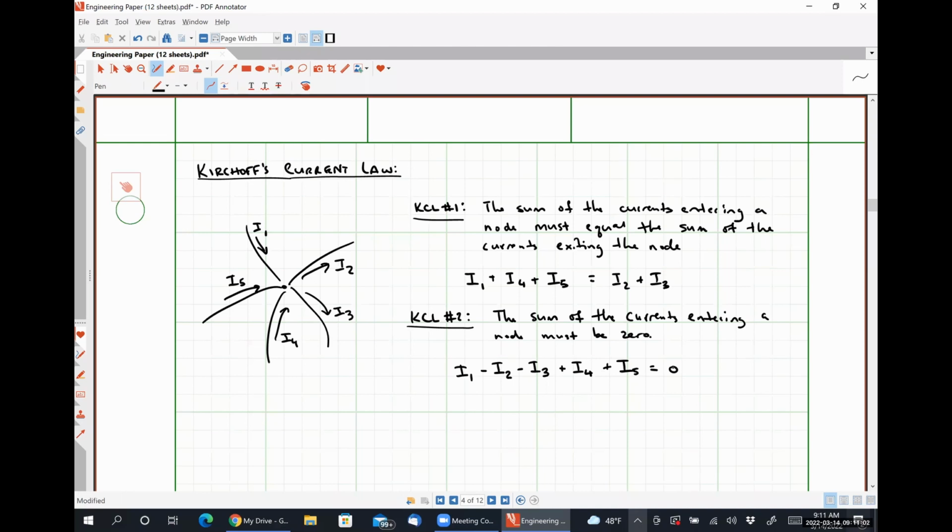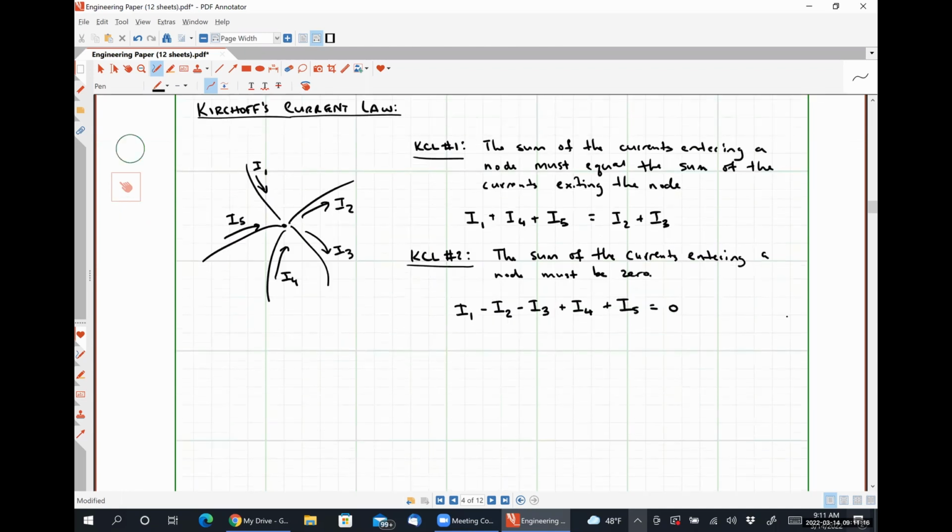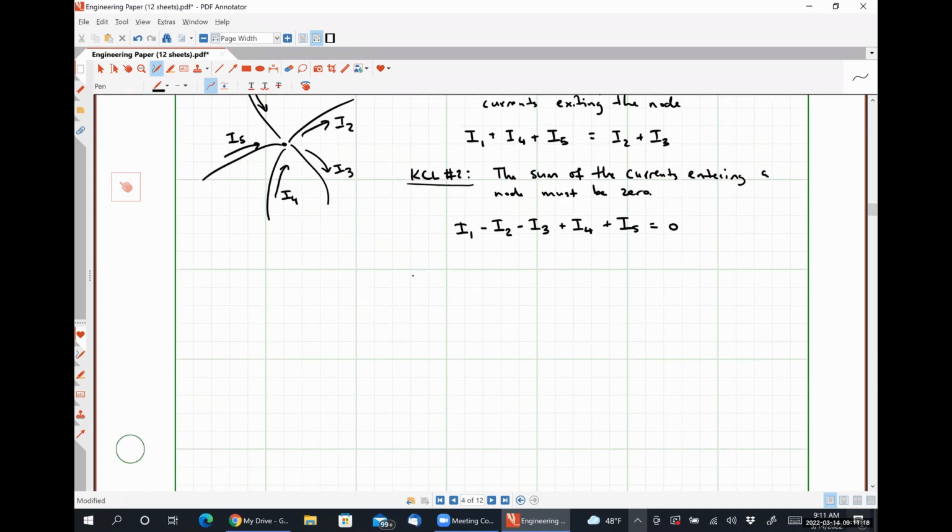So effectively, this is the exact same mathematical expression that we got for our KCL number 1 representation, except that we moved everything to the left-hand side of the equal sign. Our third representation is simply the opposite statement. The sum of the currents exiting a node must be 0.